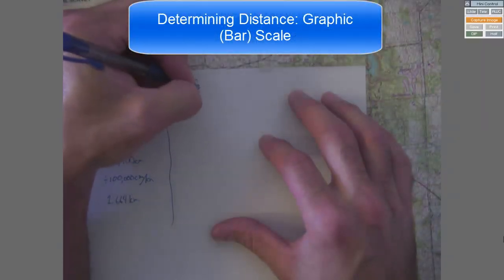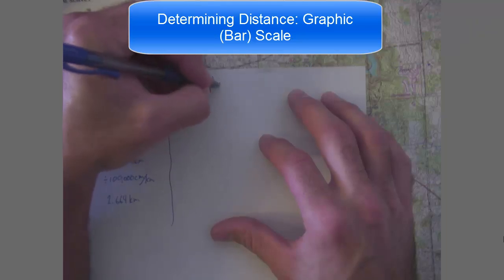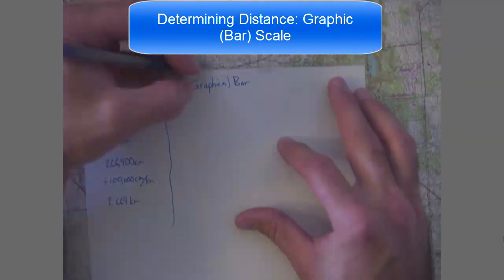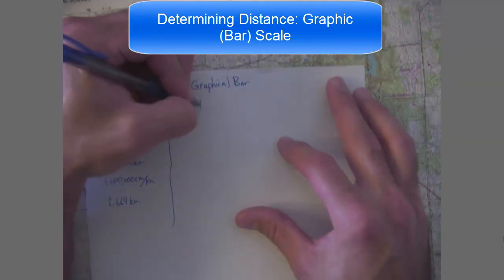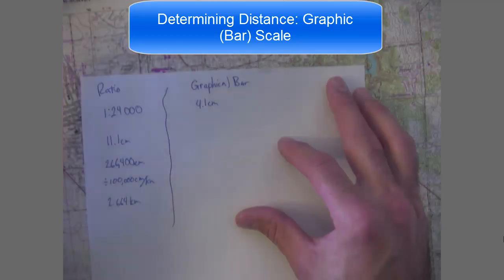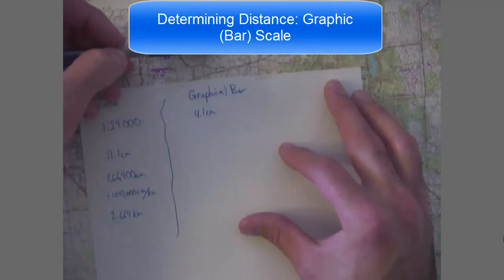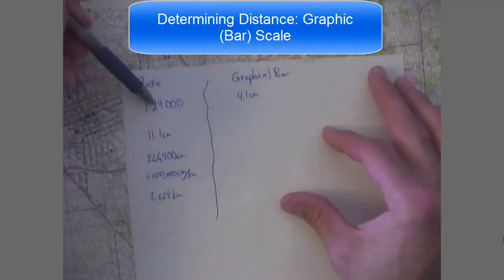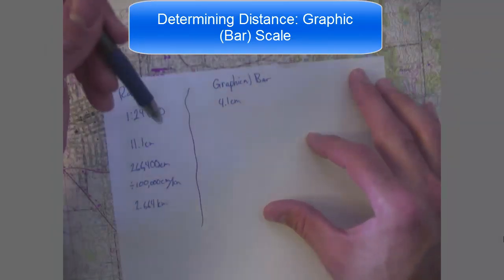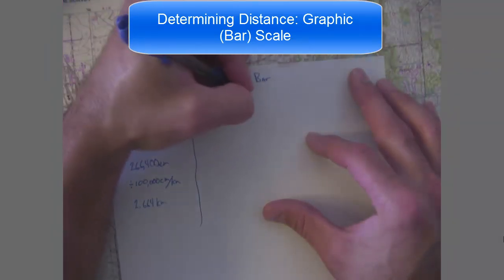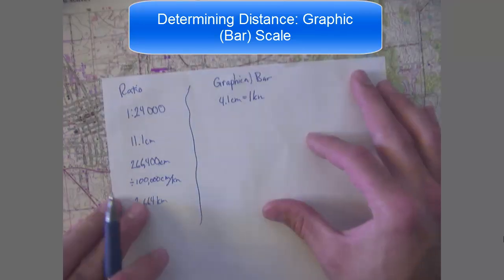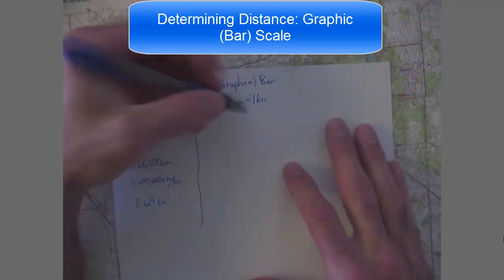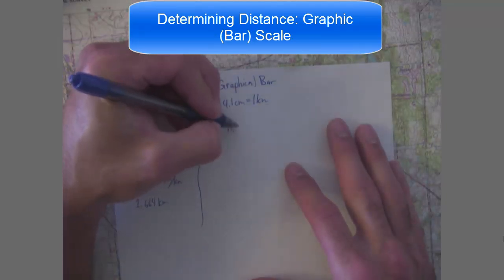So if I'm using that graphical bar to represent the scale, I just learned that 4.1 centimeters on this topographic map, and that is specific to each scale, again, this is a 1 to 24,000 ratio scale, means 4.1 centimeters is actually equal to 1 kilometer. So I could use this to determine the distance that I already measured. I already measured that the width is 11.1 centimeters.